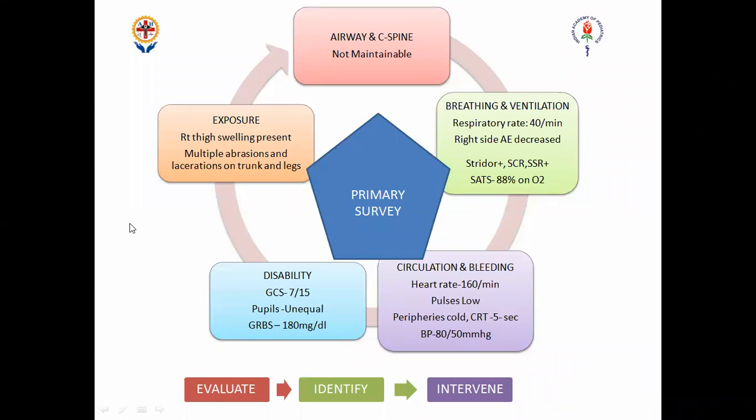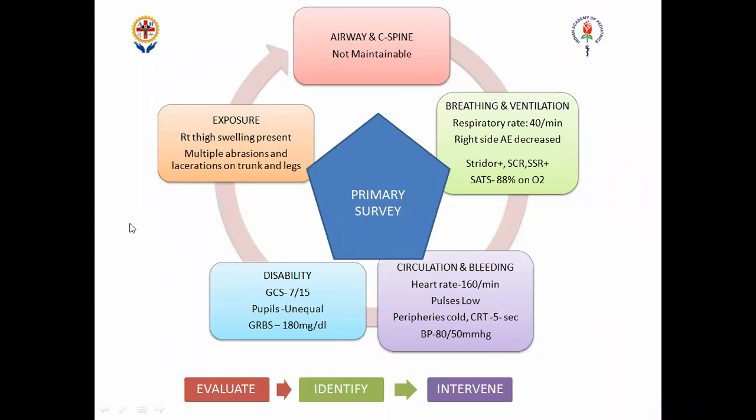So what is the main problem when you start bag and mask in a semi-conscious child? Is it very comfortable for them? Irritable, it's a painful stimulus. So this is already with raised ICP, you cannot cause much discomfort or agitation in the child.